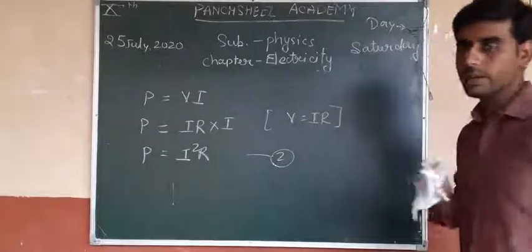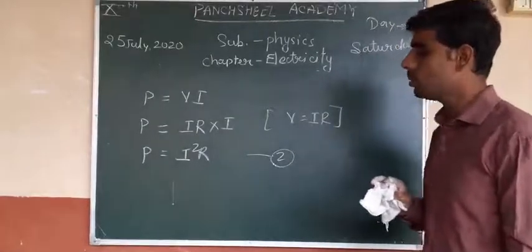First is P equal to VI and second is P equal to I square into R.